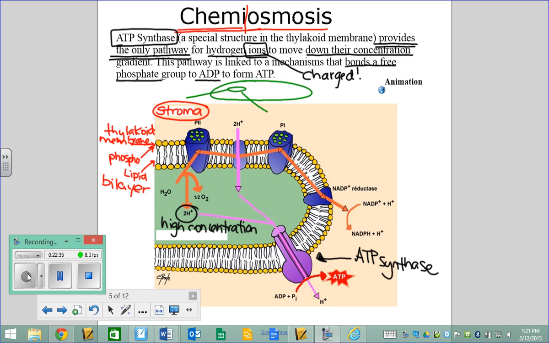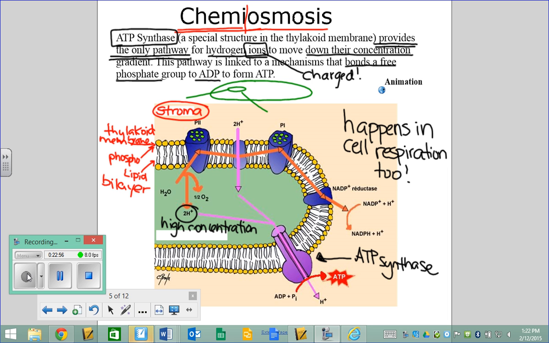So then I'm going to point out something that's really important. This same process happens in cell respiration. ATP synthase is there.